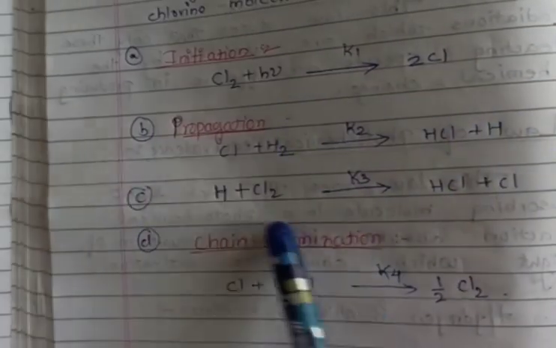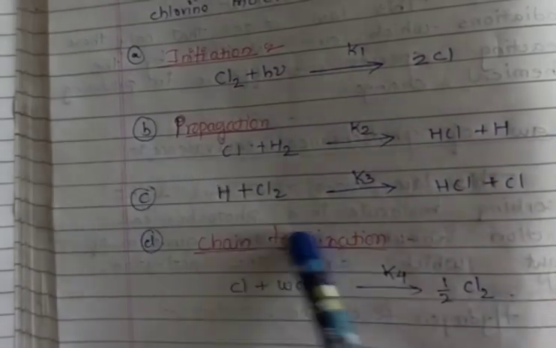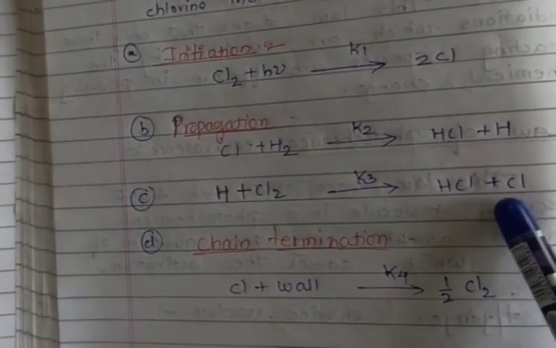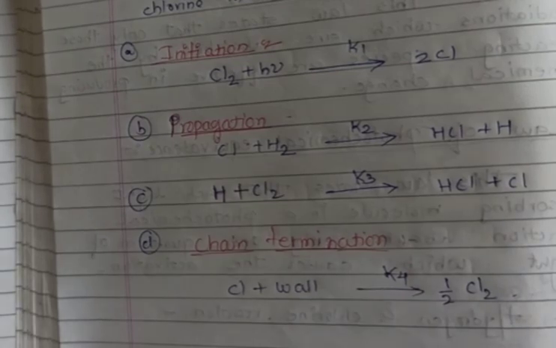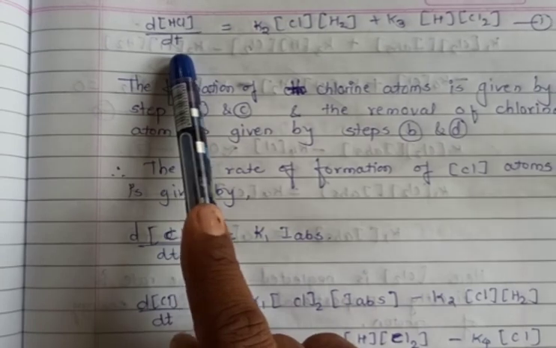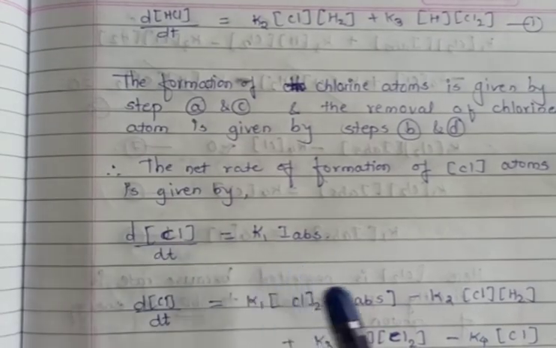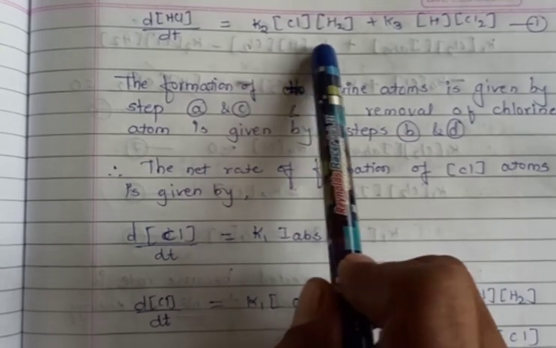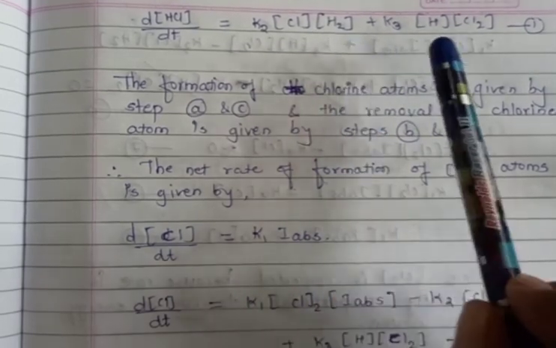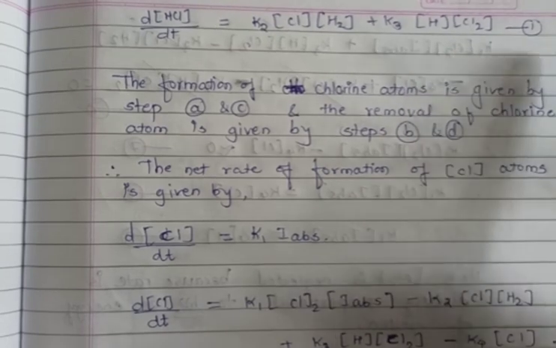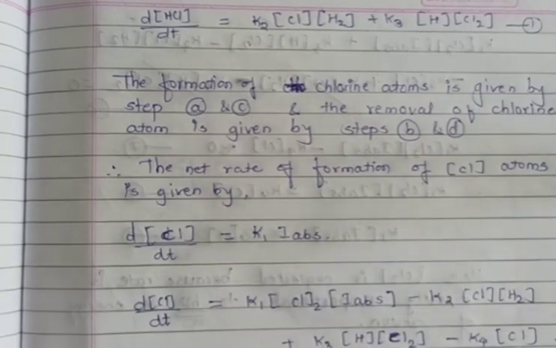So this is the equation by which we will find out the rate of formation of a product. I have written here rate of change of concentration of HCl with respect to time is equal to K2[Cl][H2] plus K3[H][Cl2]. So this is equation number 1.